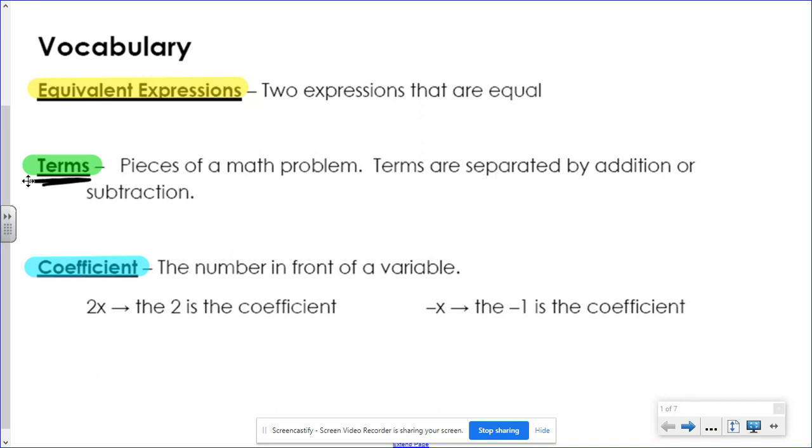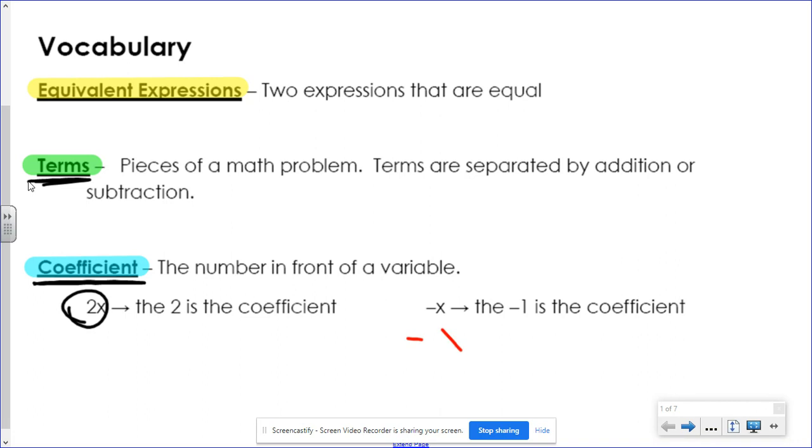The coefficient is the number that's in front of a variable. So if I give you 2x like this, the 2 is the number that's in front of the variable, the x is the variable, so 2 is the coefficient. Now, here's one that's really tricky, and I'm going to rewrite it because it's too hard for me to write on here on the smartboard the way that it is.